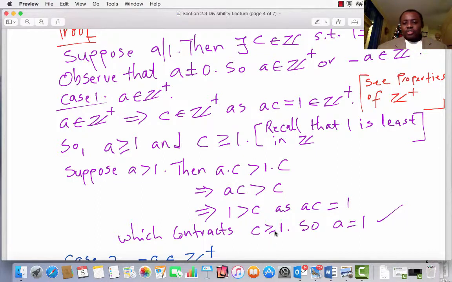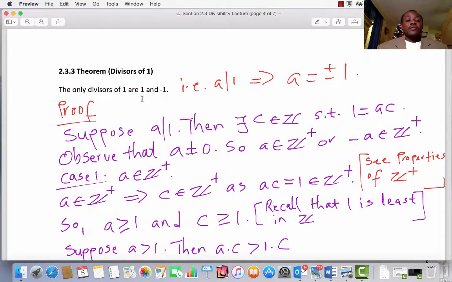That contradiction arises because we did suppose that a was strictly greater than 1. Therefore, a cannot be greater than 1, and the only thing a is left to be is equal to 1. From case 1, we have shown that if a divides 1, then a has to be equal to 1 as long as a is in Z plus.